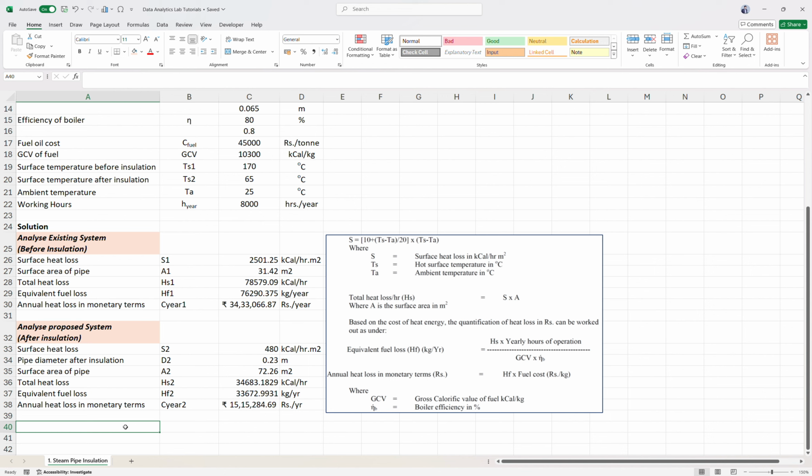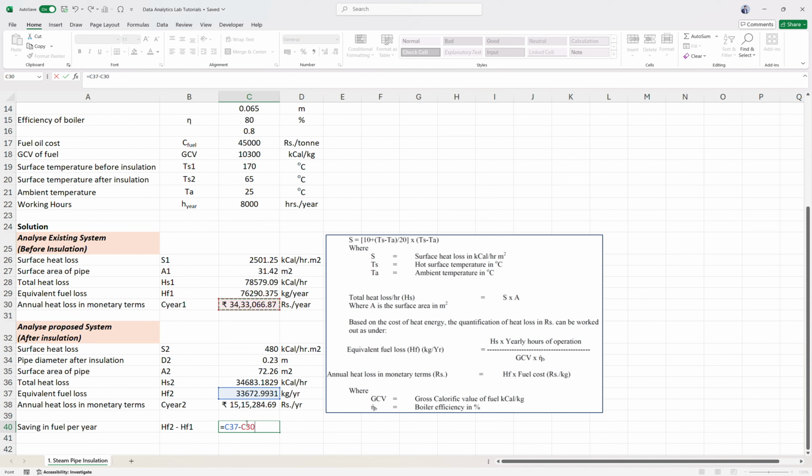So now we can calculate saving in fuel per year. Okay, so how will we obtain this? We can simply obtain this by HF2 minus HF1. Again, Excel will not understand this formula because I have not inserted equal to sign before it. I did it just for my understanding. So equal to HF2 minus HF1.